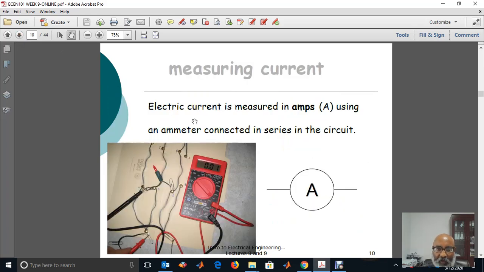Measuring current. How do we measure current? An instrument used to measure current is called an ammeter. In the lab, we have it as a voltmeter, as a multimeter. So this multimeter can be used to measure resistance, it can be used to measure current when it's functioning as an ammeter, or it can be used to measure voltage.